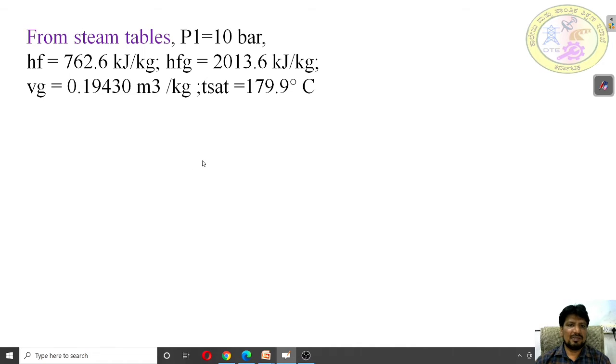So from the steam table, corresponding to a pressure of 10 bar, note down the values HF, HFG, Vg and saturated temperature.